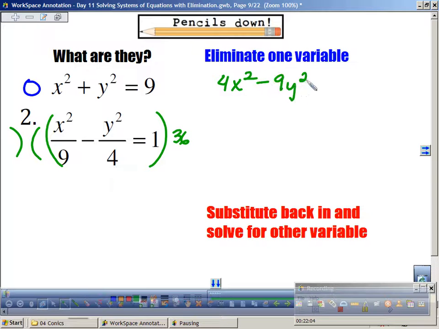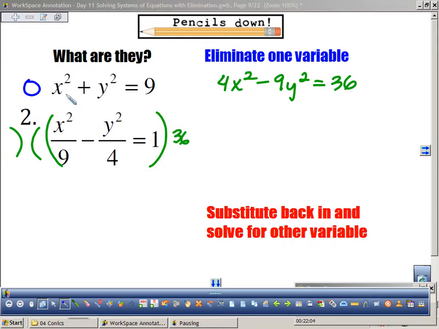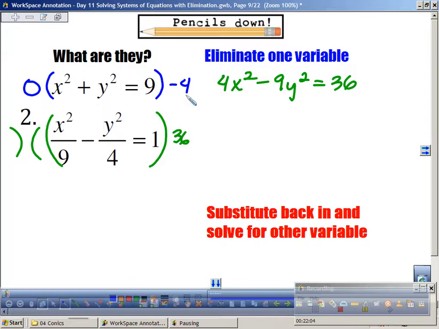Minus 9y squared equals 36. There's 1. What am I going to do to this one so I can eliminate? Negative 4. Because if I multiply it by negative 4, I'm going to get negative 4x squared, negative 4y squared, and negative 36.